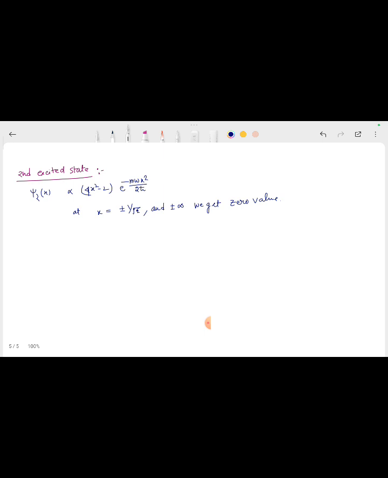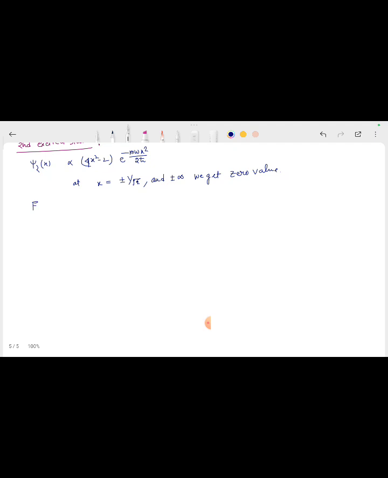Next, we get, at a particular value of x, the maximum value. For the maximum value, what can I do? Take the first derivative of psi 2(x).